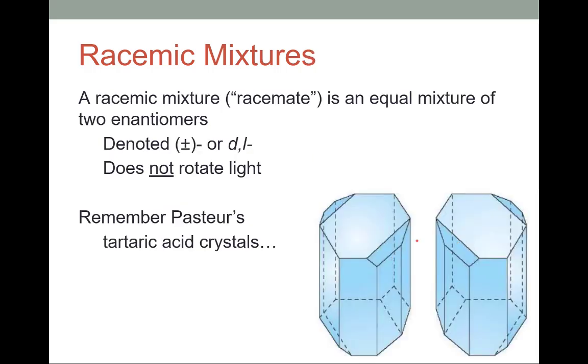You might imagine something like this. And again, a racemic mixture, or what's sometimes called a racemate, is an equal mixture of 2 enantiomers. So it could be written in a biological context like this, D,L or plus-minus, to show that both of them are in there.